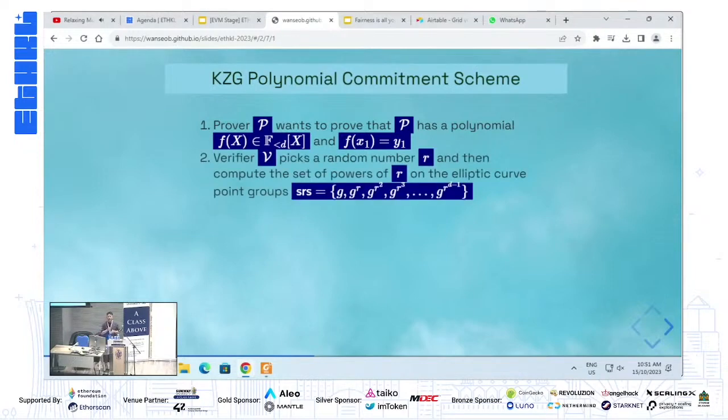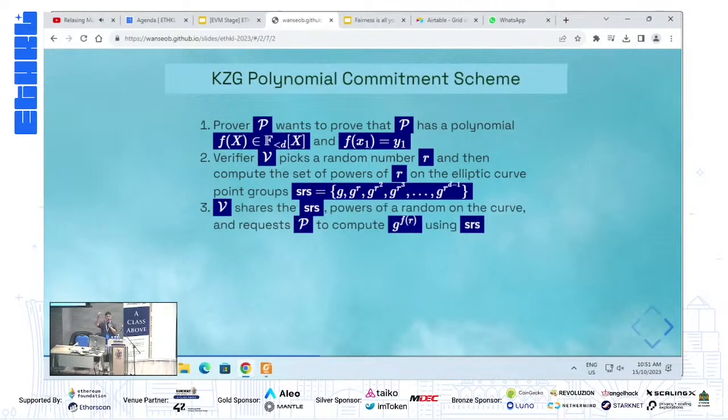The verifier picks some random number r and makes some powers of that random r, and computes elliptic curve points, which hide the exact random number. This is a set of elliptic curve points. After the verifier shares this set, the prover can compute f of r using those elliptic curve points, and the result will also be an elliptic curve point.